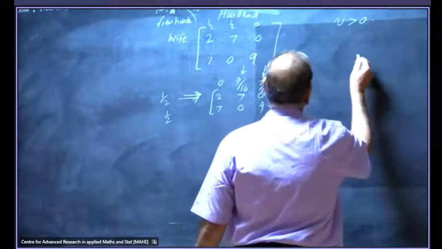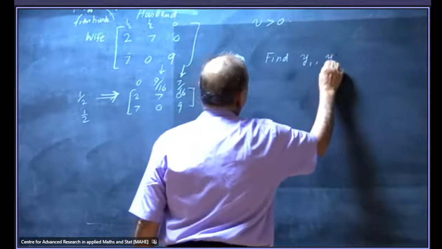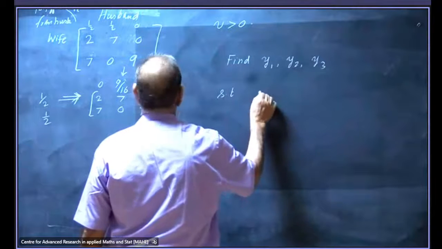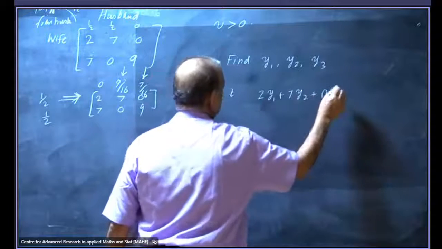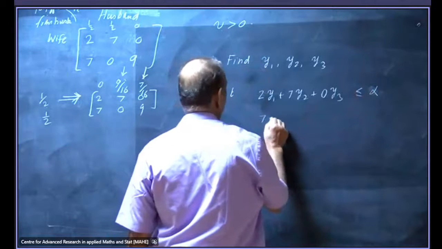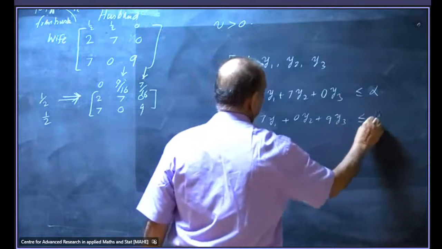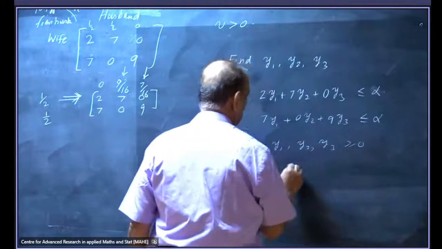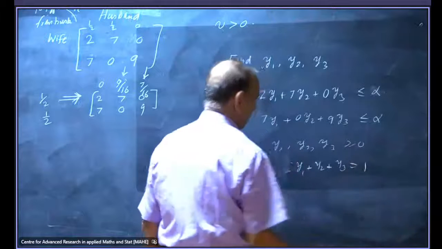So, what I want to do is find Y1, Y2, Y3 such that 2Y1 plus 7Y2 plus 0Y3 is less than or equal to alpha, 7Y1 plus 0Y2 plus 9Y3 less than or equal to alpha, Y1, Y2, Y3 non-negative, summation Y1 plus Y2 plus Y3 equals 1.